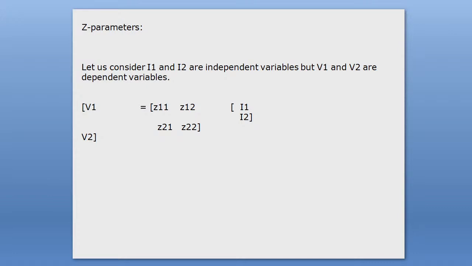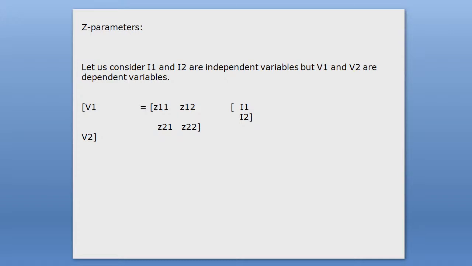Here we have expressed the input port voltage and output port voltage in terms of input port current and output port current. V1 and V2 are the input and output port voltages, I1 and I2 are the input and output port currents.